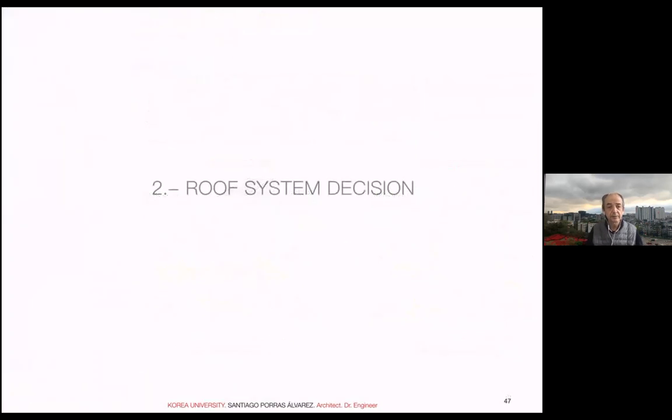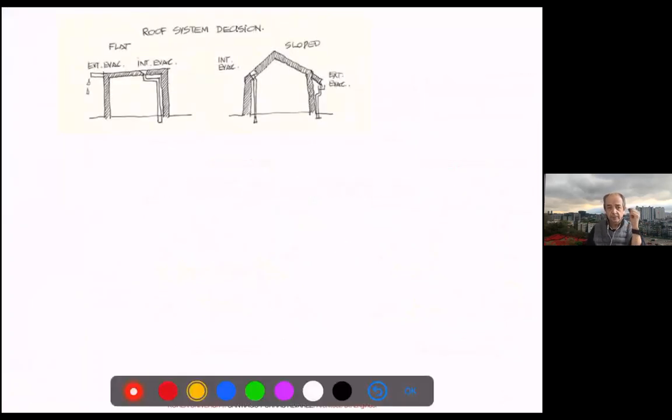Well, I was saying the opposite, right? So the first decision for the system is whether it is flat or sloped. Obvious, right? And in each case, a very difficult decision is whether to evacuate the rainwater from the exterior or from the interior. They both have advantages and drawbacks, also with the evacuation systems.